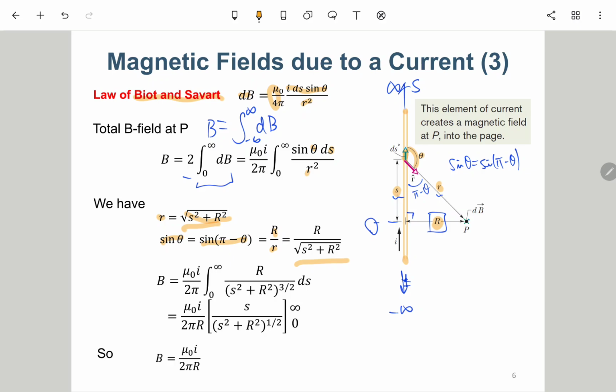And similarly, we also change the r squared to be s squared plus R squared. So altogether, including this r squared and also this r, altogether is r cubed. So this is like this cube in the denominator. So altogether we have s squared plus R squared to the 3/2 power.